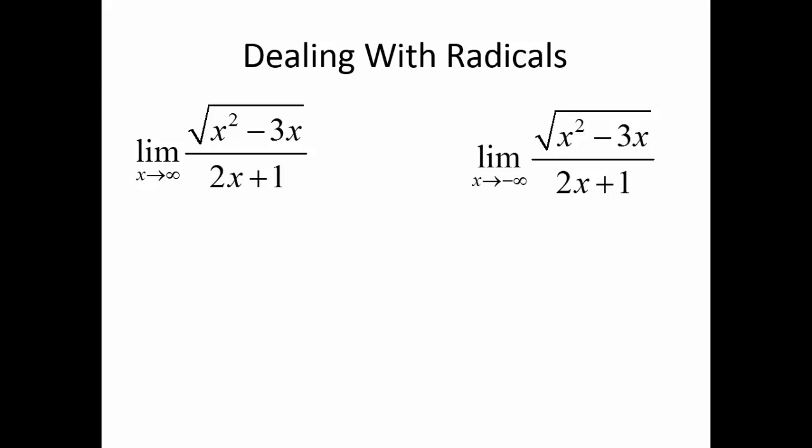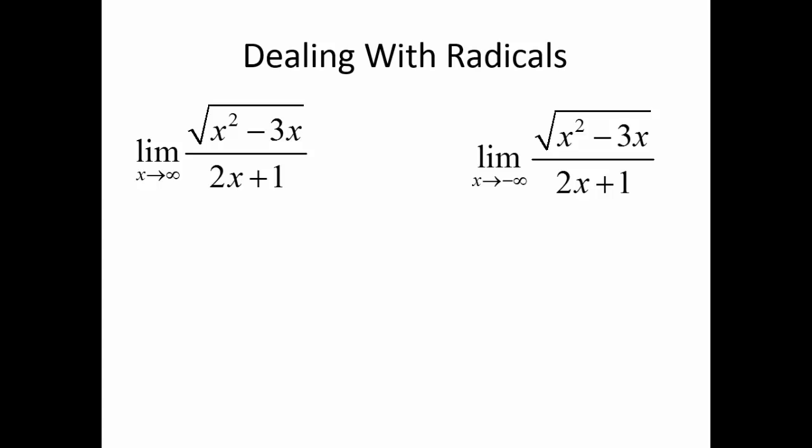Okay? So now what I want to do is keep going and deal with rational functions, but I want to make one of the two functions have a radical in it. Now, when you're dealing with radicals in these limits to infinity problems, you can still handle it with the same rules that we did. You just have to finesse it and realize what they're actually saying in terms of the exponents.